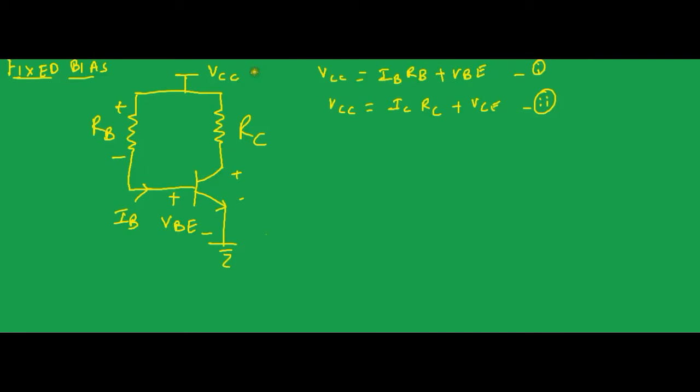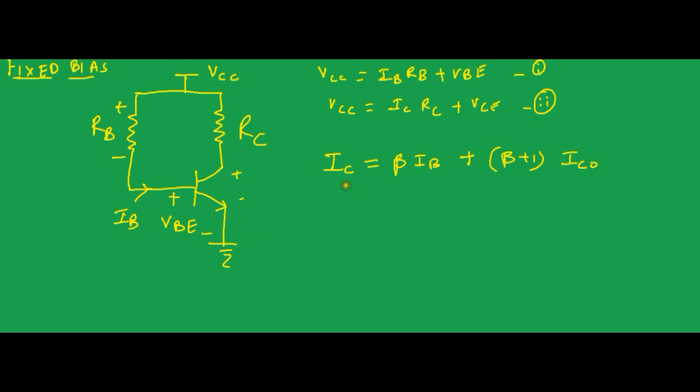We all know that the collector current in this technique, or anyway in a BJT, is beta times IB. However, there is a small role played by the reverse saturation current. So the total, actual collector current is equal to beta times IB plus beta plus 1 times ICO.